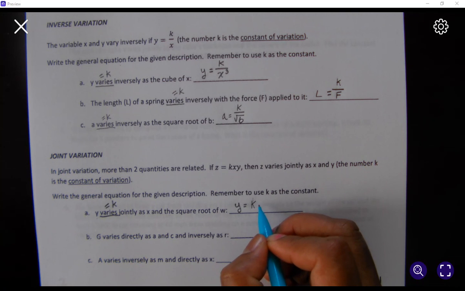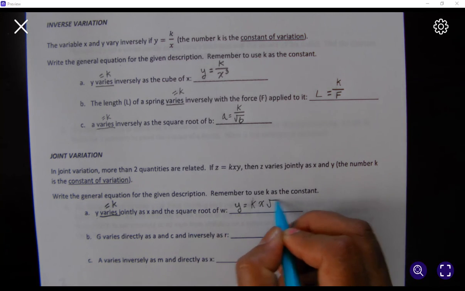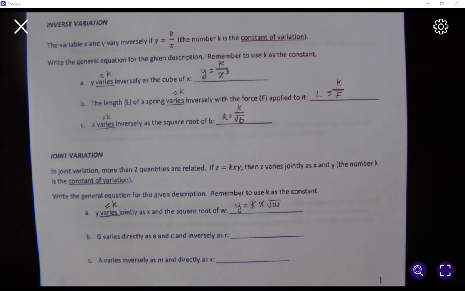So it's X and the square root of W. And that's it. So I have my X and then I have my W, and it all just gets multiplied together.